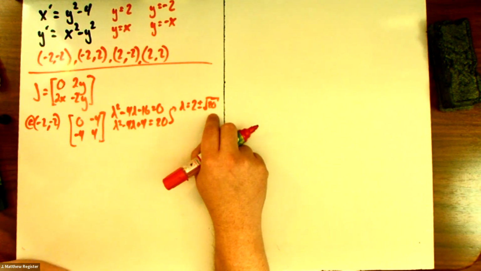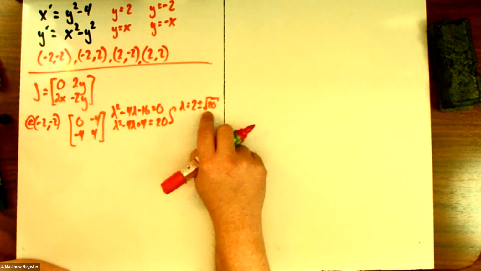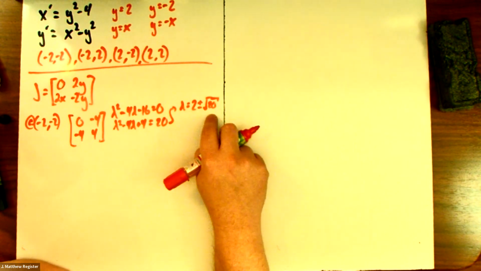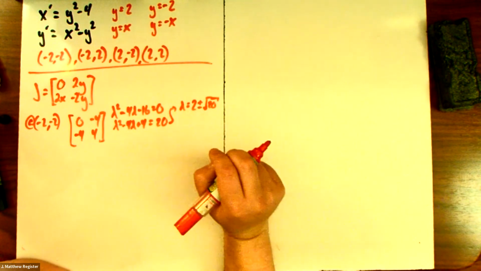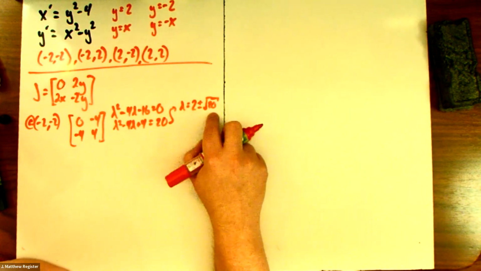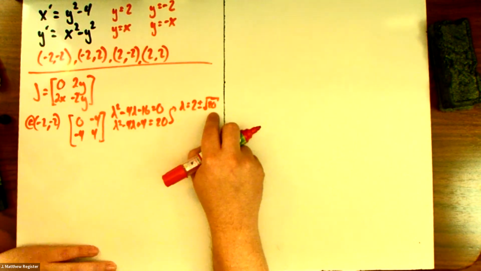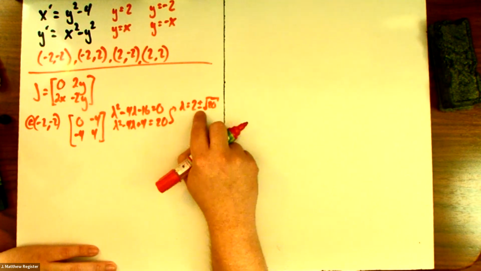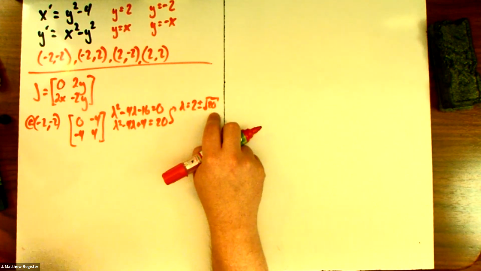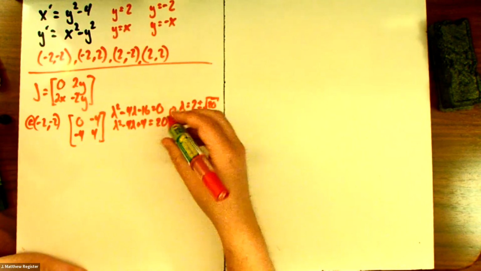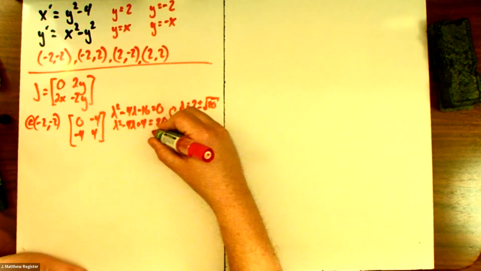It's not a complex number. It's not an imaginary number. So the question is, are these values going to be positive or negative? And square root of 20 is more than 2. Square root of 20 would be 2 times the square root of 5. So 2 plus 2 root 5 is positive. 2 minus 2 root 5 is negative. This is going to be a saddle point.